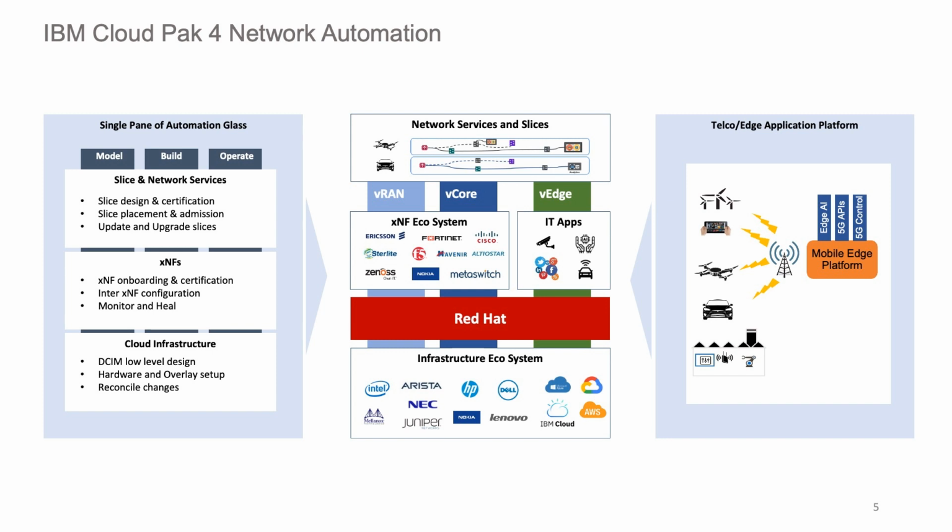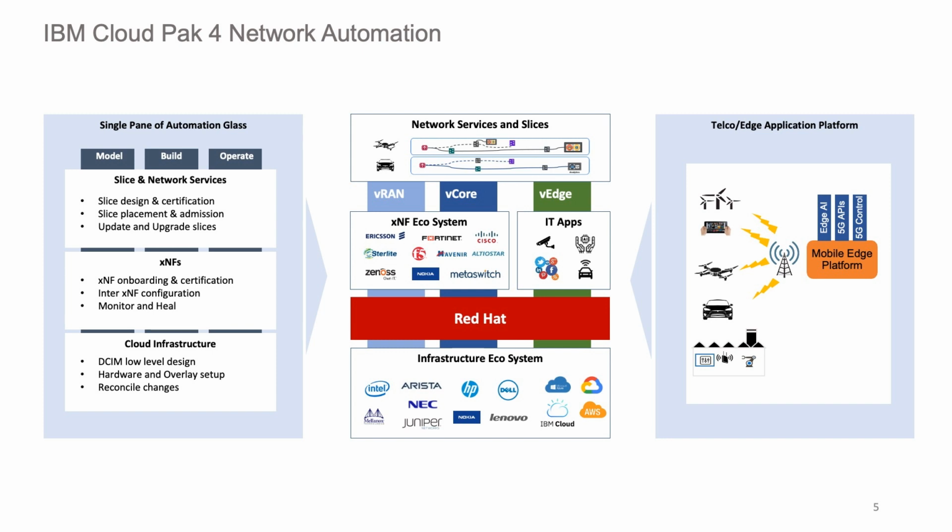So if you look at the center of our universe, it is this disaggregated stack that we just talked about. Red Hat's at the center of our universe, as you can imagine. Underneath Red Hat is a whole hardware ecosystem. Above it, a network software ecosystem. And on the left-hand side are the use cases that we are performing around that set of ecosystems for 5G, and not just 5G, but for networking in general.